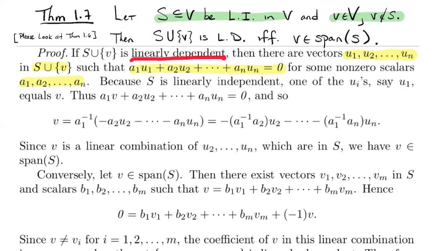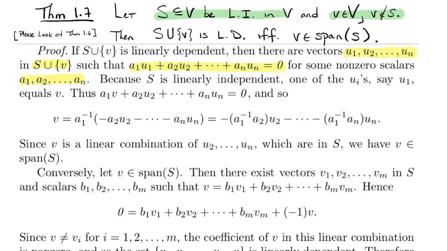So that highlighted stuff comes from this supposition. It's a linearly dependent set, right? But S itself is linearly independent, right? So these u's cannot all be in S. At least one of them has to equal v, and although the author didn't write it here, I don't blame them, I'm going to write it explicitly.